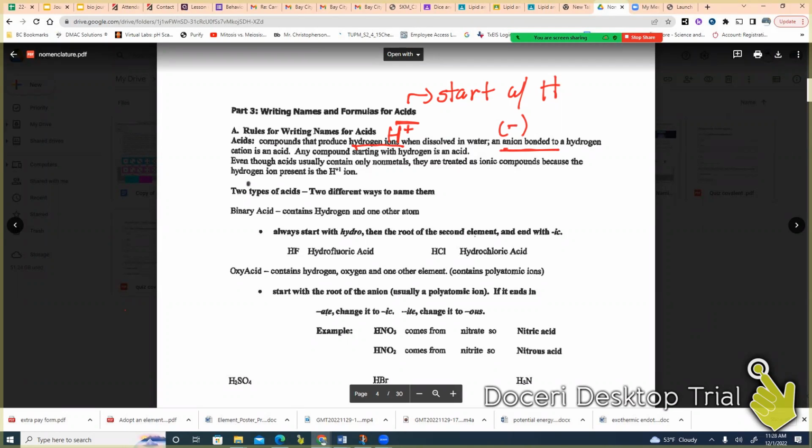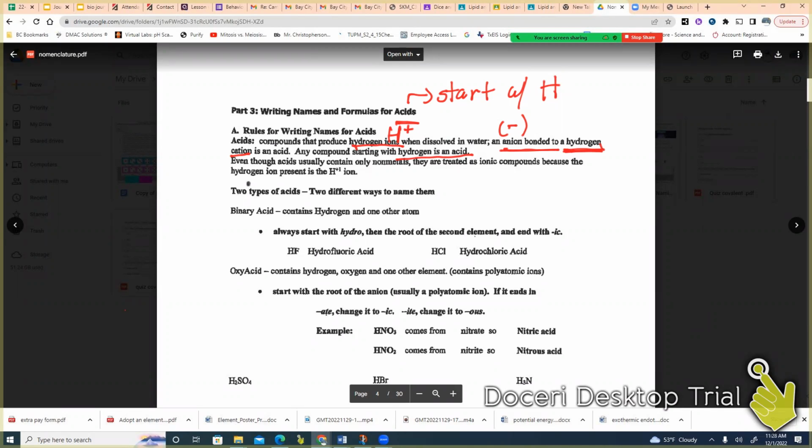When they are dissolved in water, they will ionize and produce hydrogen cations. Later on in second semester, we'll do a whole unit just on acids and bases. But any compound starting with a hydrogen is going to be an acid.